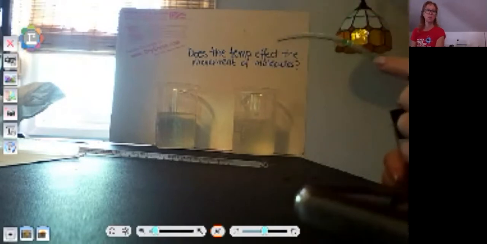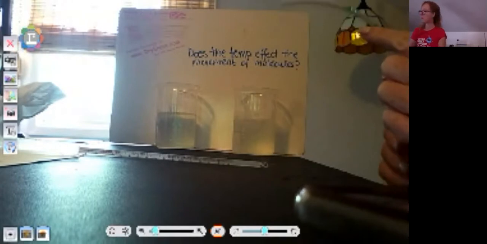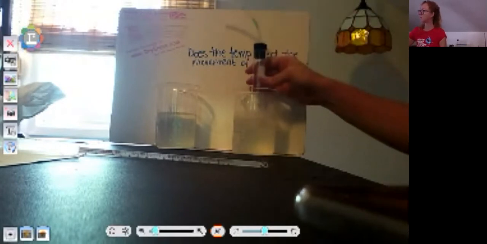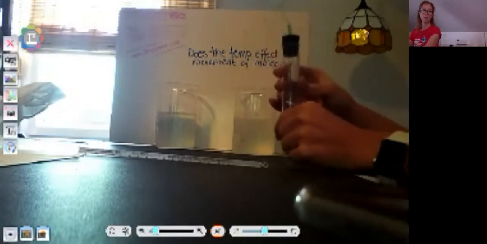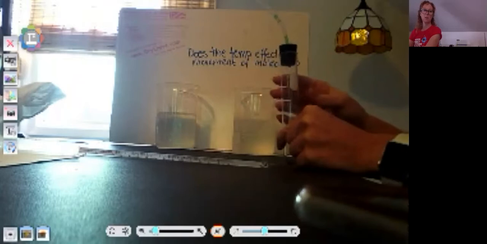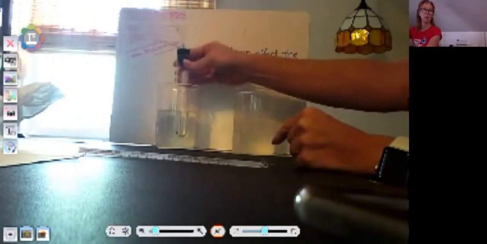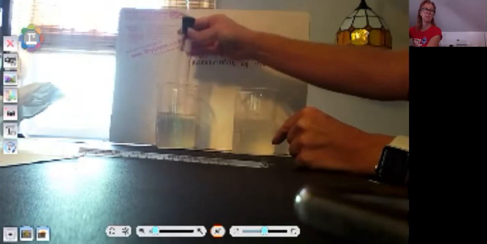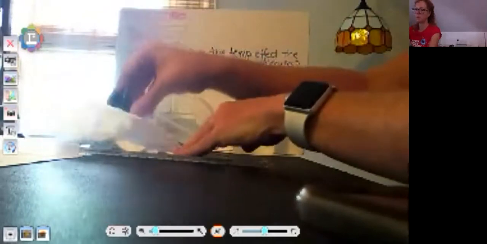So our water plug is not moving. But when I put it in the cold water, what's happening to those molecules inside here? Are they moving faster or slower than if I put them in the warm water? So that plug moved up and down.